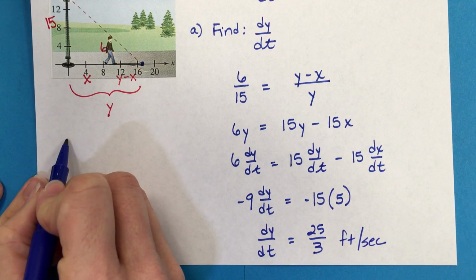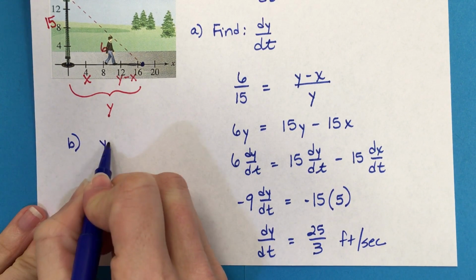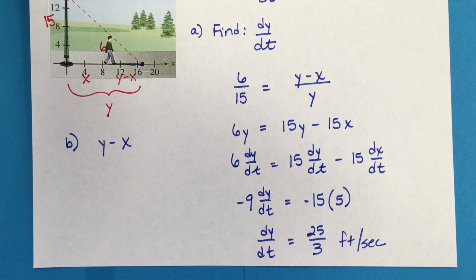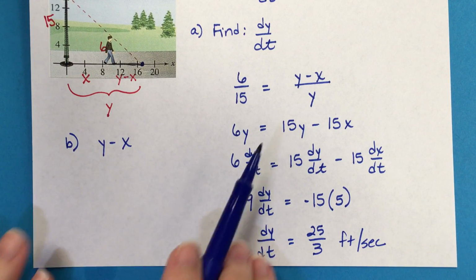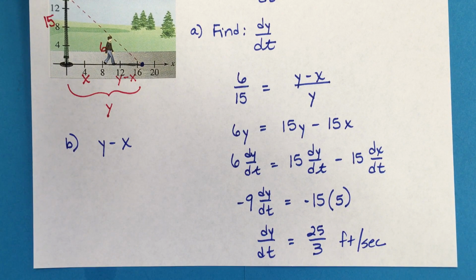Now, part B wants to know at what rate the length of the shadow is changing. The expression that represents the length of the shadow is just y minus x, so on this part you don't have to set up an equation like we did here. We're just going to use the expression y minus x.